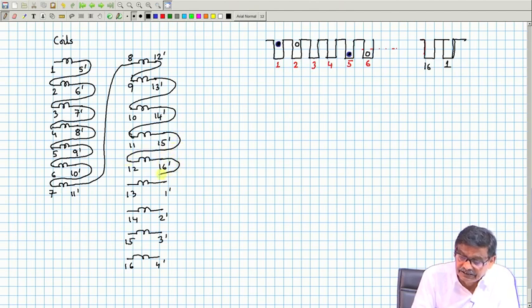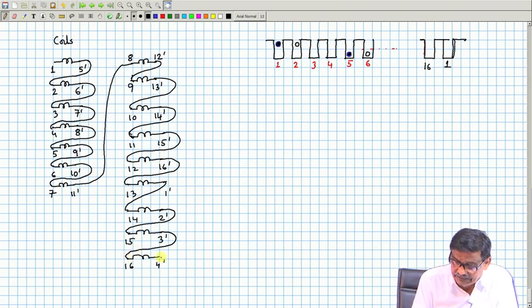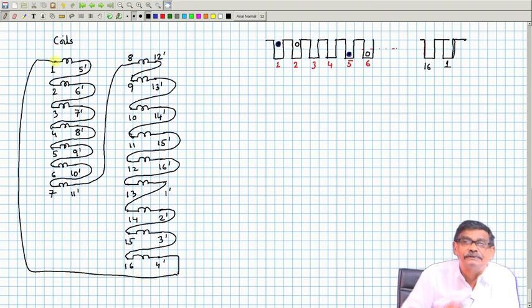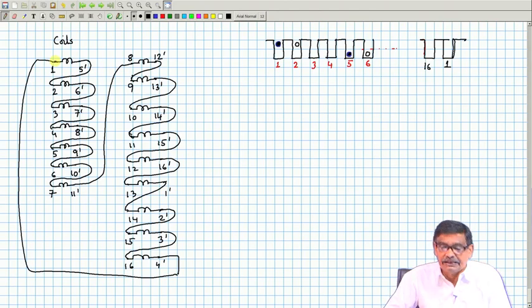Got the point. This connection I now do, because each coil has got two terminals available to me, and I will connect them in series. And not only in series all the coils, I will close it like this. That is, all the coils in series and the coils are closed onto itself.